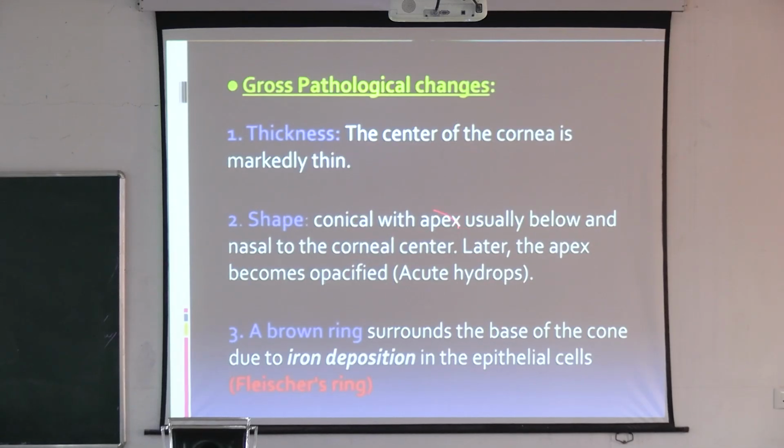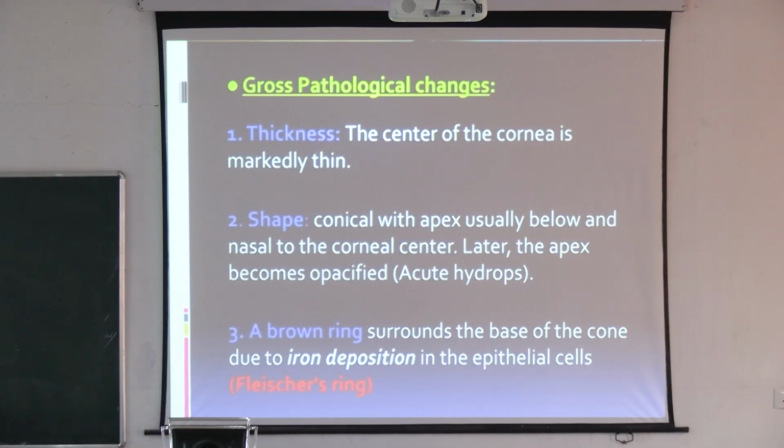Sometimes the apex becomes opaque, opacification of the apex of the keratoconus, that is called acute hydrops. Then a brown ring surrounds the base of the keratoconus, that is called Fleischer ring.